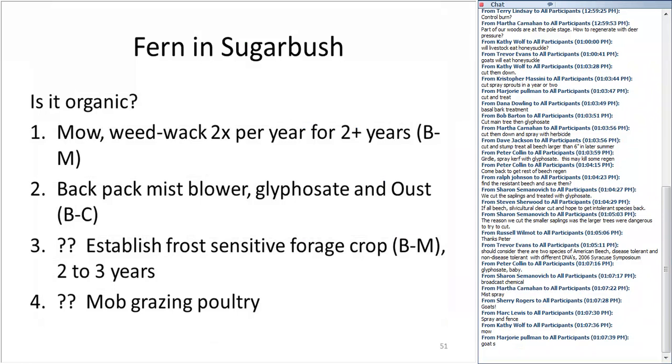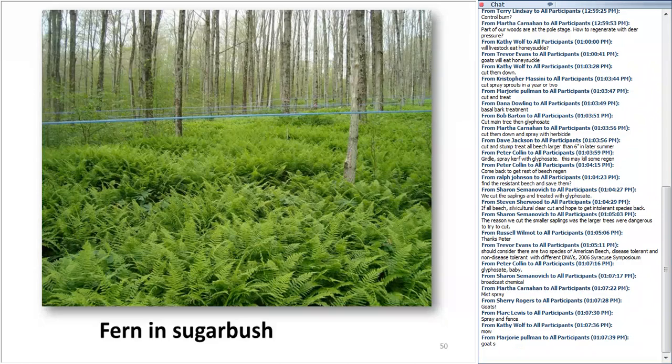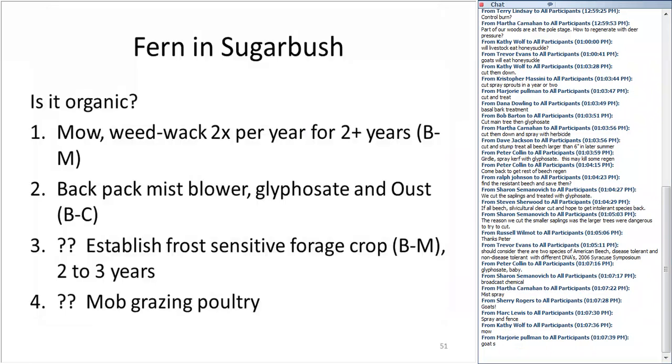Here's what I thought of. So the first thing is to ask the question, is it organic? If this is a maple producer, and that maple producer is organic, then that takes the chemistry off the table. There's been some research done in the Quabbin Reservoir, the watershed for the city of Boston, and they did some combination of mowing or weed whacking twice a year for 2 years.